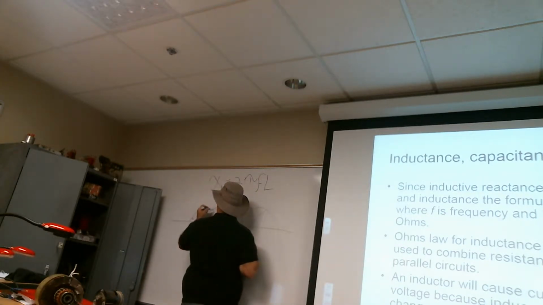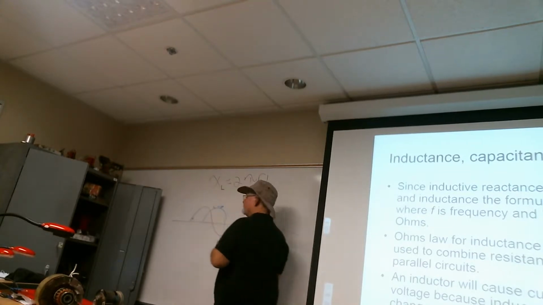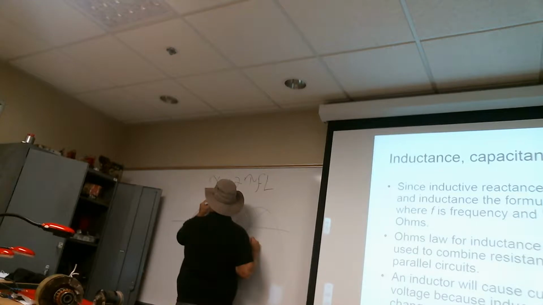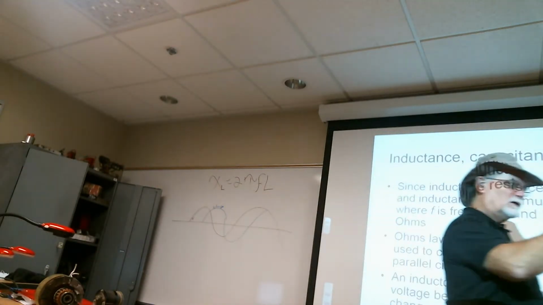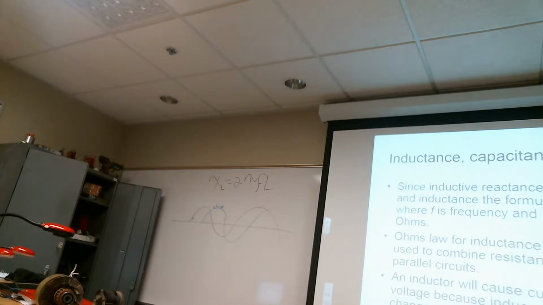And we're going to say this is X sub L, and it's going to shift that direction from voltage. That's X sub L current, right? So it's going to shift or lag behind. You okay with that? Everybody get that?